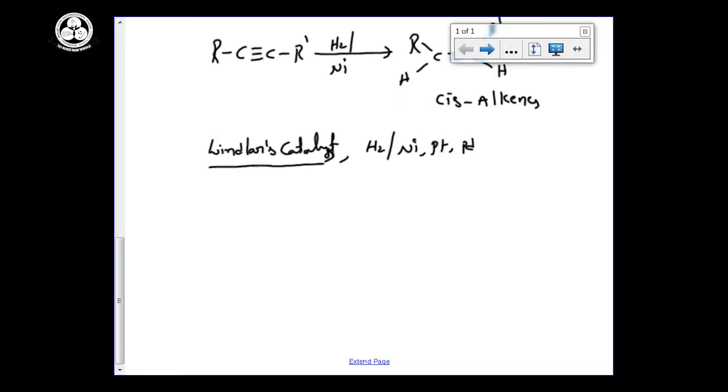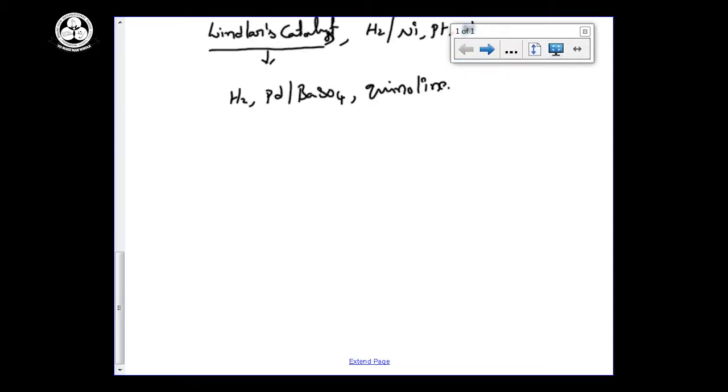First of all, what is Lindlar's catalyst? Lindlar's catalyst means hydrogen in presence of palladium on barium sulfate, with quinoline. This is called Lindlar's catalyst. By using Lindlar's catalyst, we get the cis form of the alkenes. Metal ammonia reduction gives trans alkenes. We are seeing the two types of reductions of alkynes: Lindlar's catalyst is one, and another one is Birch reduction.